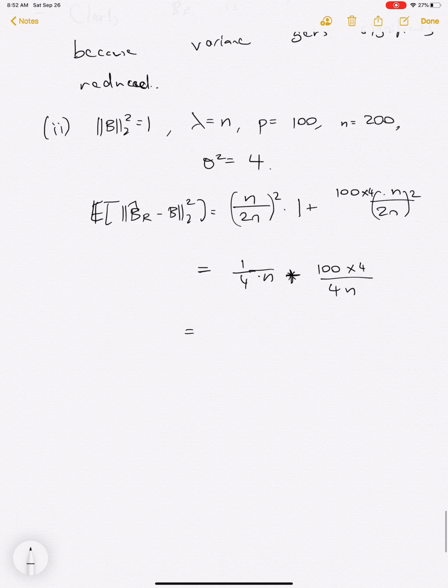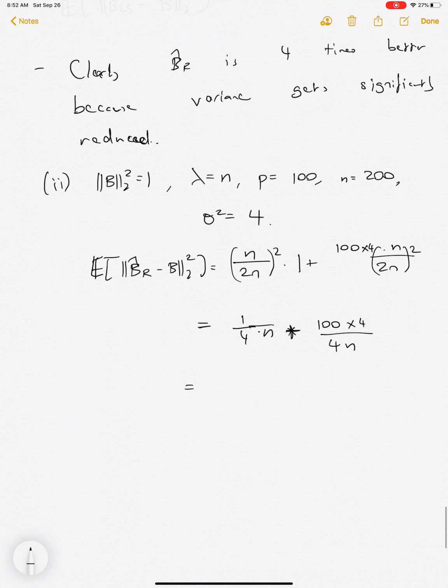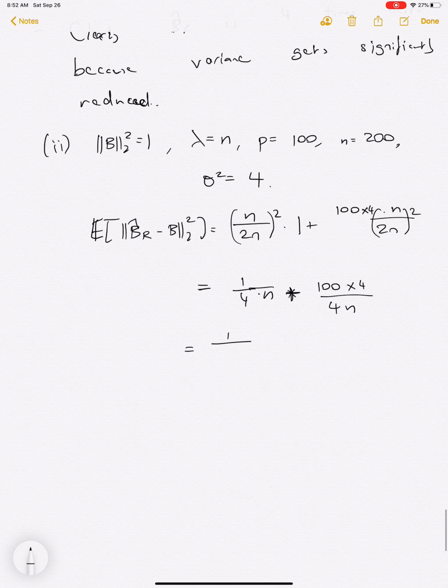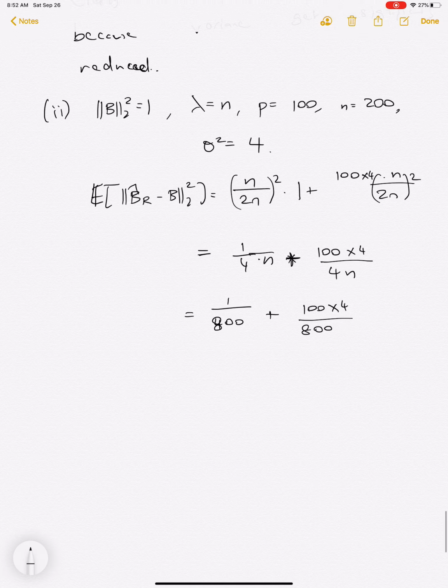And then if you plug in n equals 100 in there, you're going to get 1 over 400 plus 100 times 4 over 800.